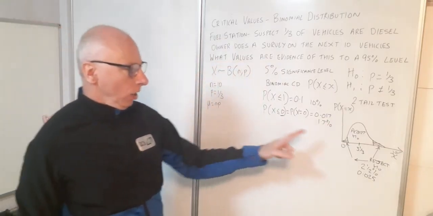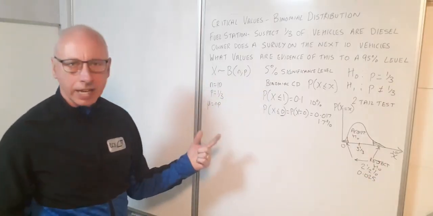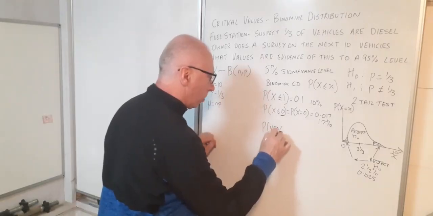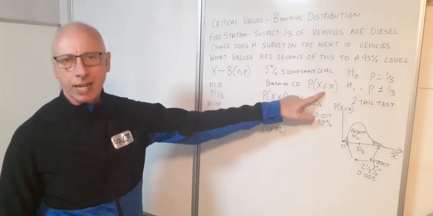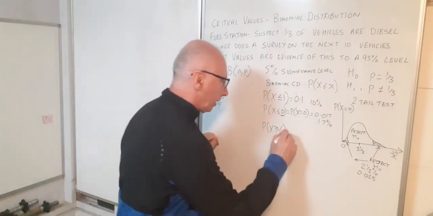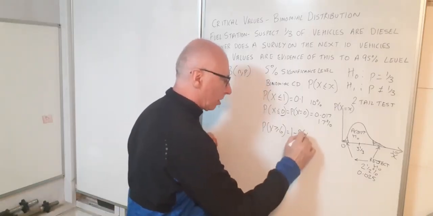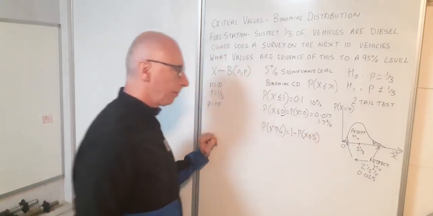Now let's try the upper tail. Let's try a value, let's say 6. Probability x is greater than or equal to 6. Now our binomial CD function goes for less than, so we need to calculate slightly differently. As it's greater than or equal to 6, we want to do 1 minus probability x is less than or equal to 5.